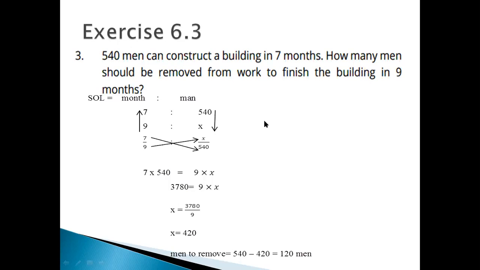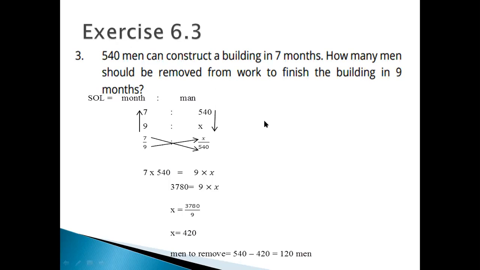Look, if the number of men is more, the work will be done early. In 7 months, 540 men can complete a building.